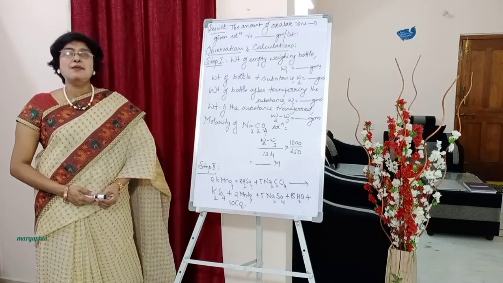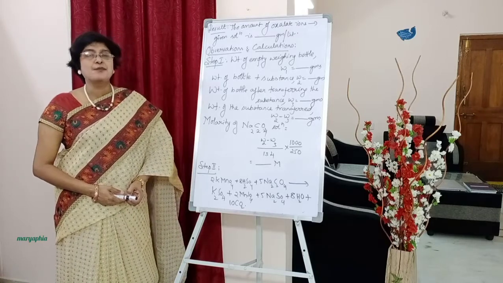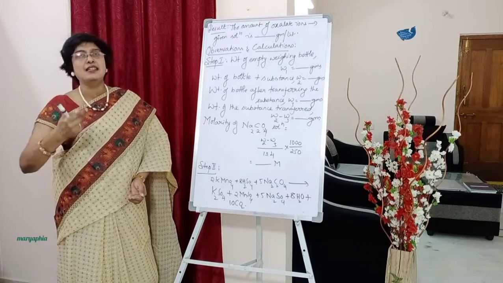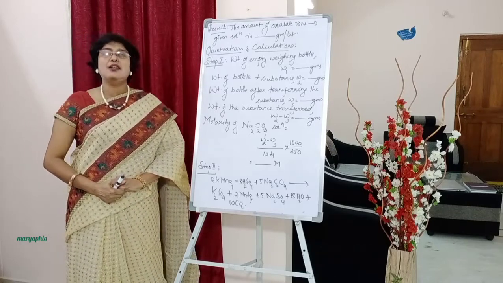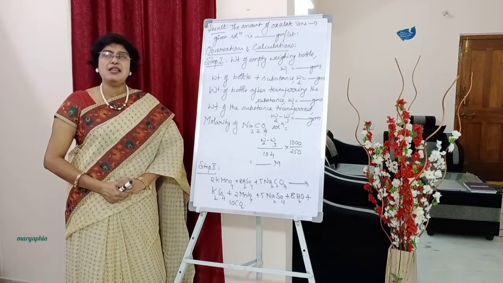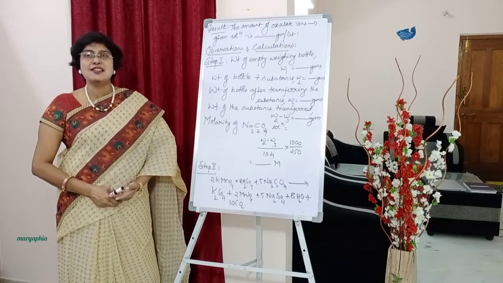So what is step 1, ma? Preparation of standard sodium oxalate solution. After doing that step 1, what is the calculation that we observe from step 1? Weight of the empty weighing bottle, comma, W1 equals dash grams.